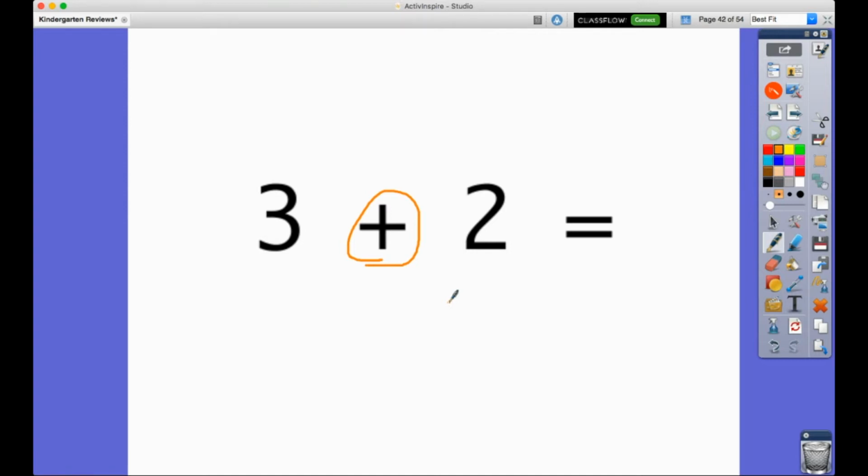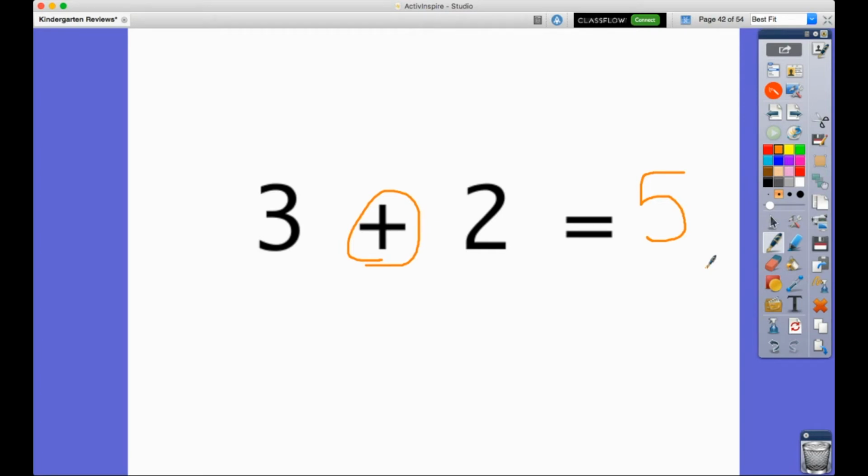So what do we get when we get 3 plus 2? I want you to shout out the answer. 3 plus 2 is 5. I saw some of you that were counting on your fingers. I saw some of you that it looked like maybe you were counting on in your head.